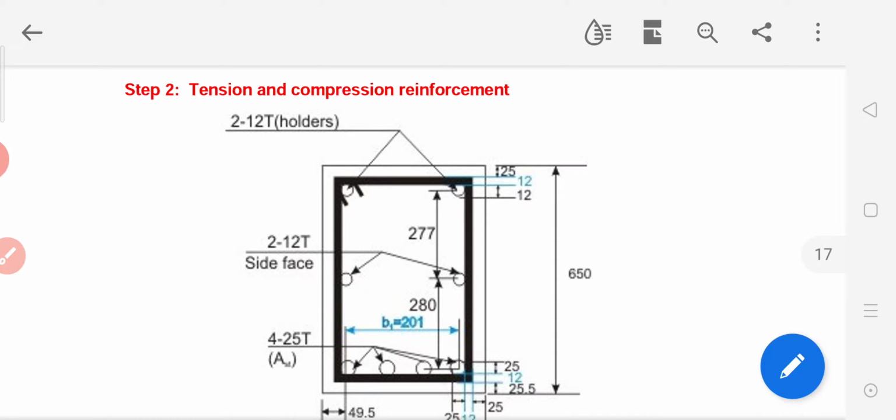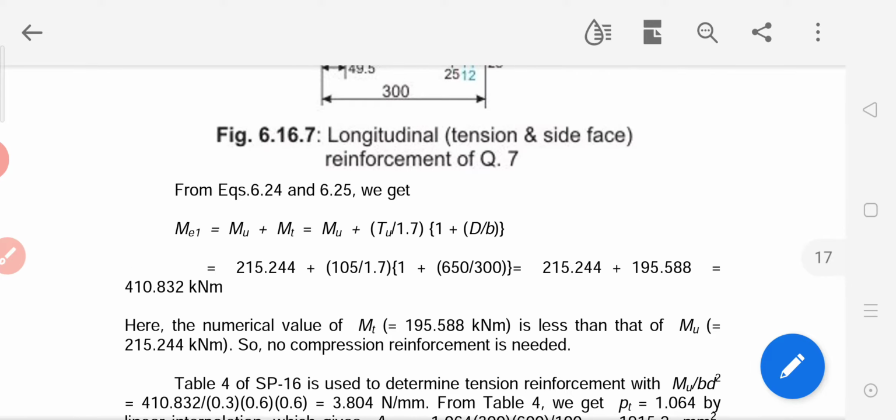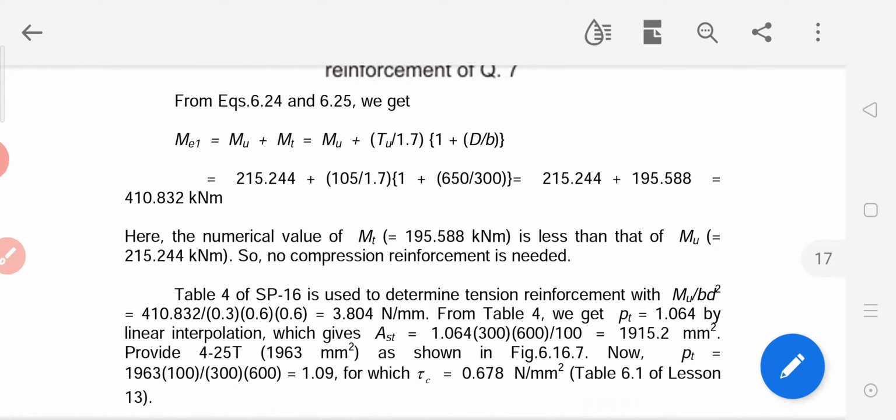In the second step, tension and compression reinforcement. As discussed in the previous video, we find Me1.